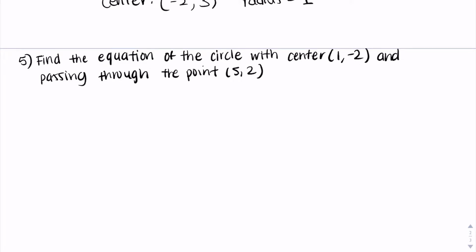So for this question, you can use the distance formula to find out your radius.